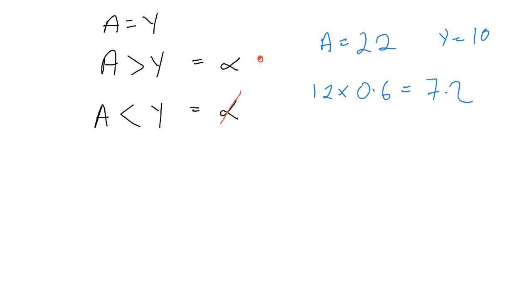So first and foremost, that 7.2 we add to the 22 million on total income. We add that 7.2 million to get to X.